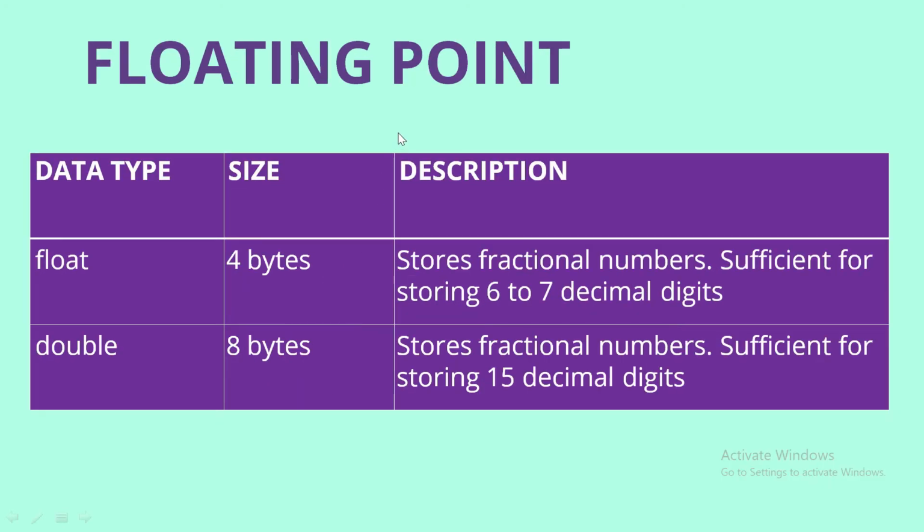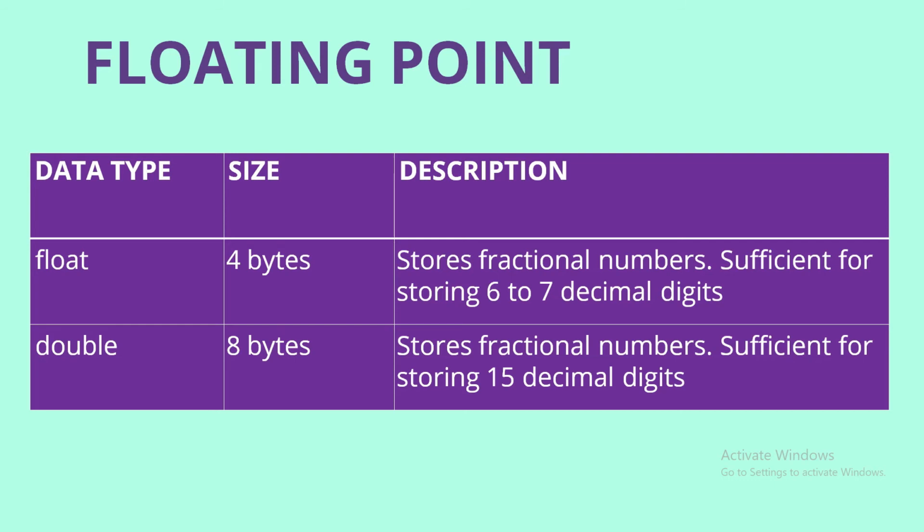The next data type is the floating point data type. Floating point data type has two keywords, one is float, another is double. In float, we can store 4 bytes of information.